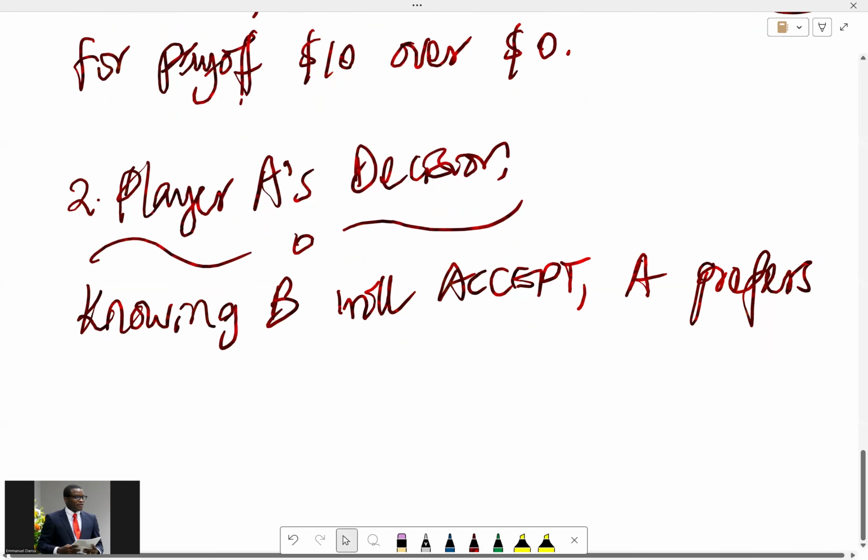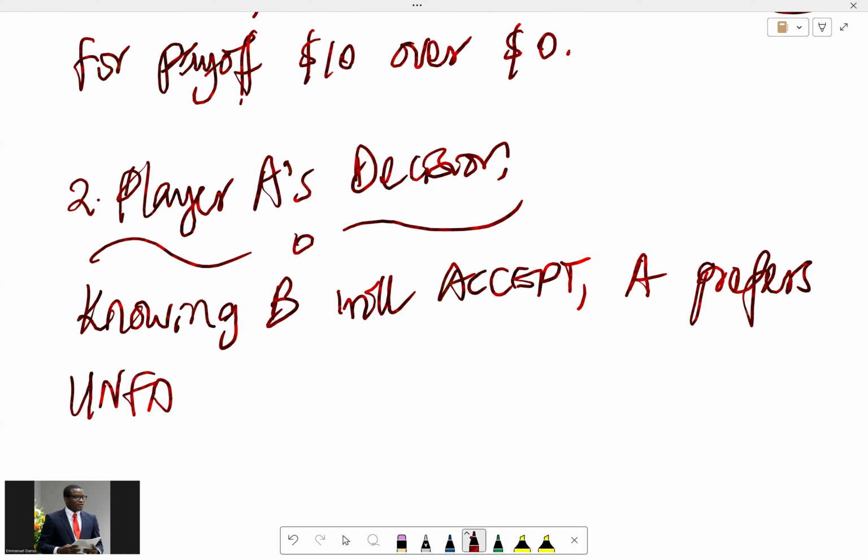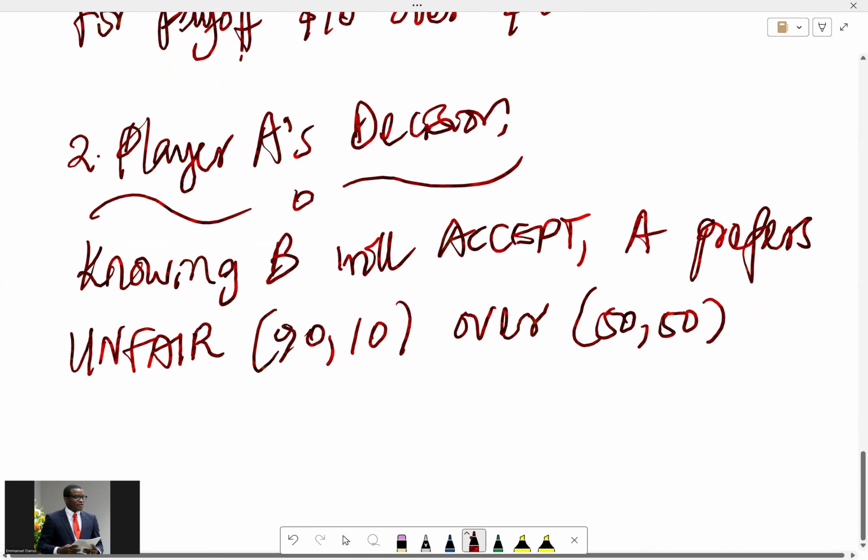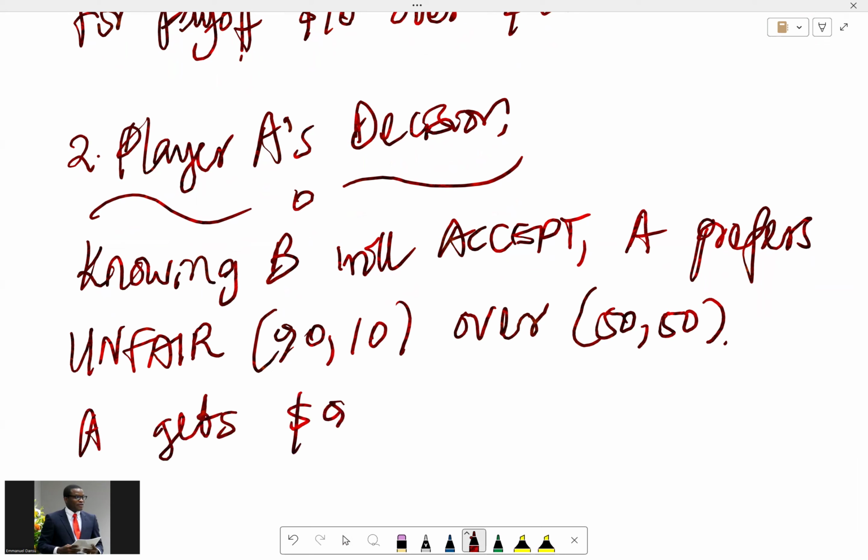So A prefers unfair and goes for 90-10 over 50-50. A gets $90 over $50.